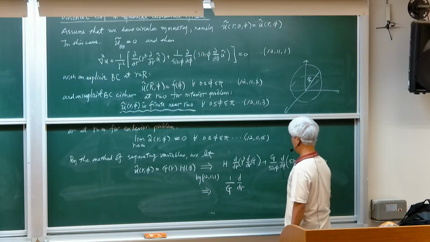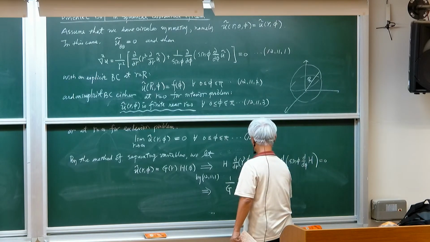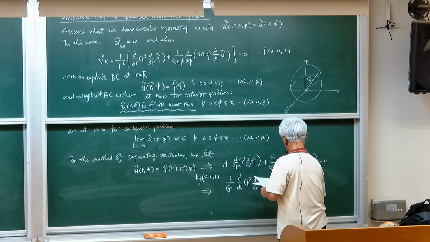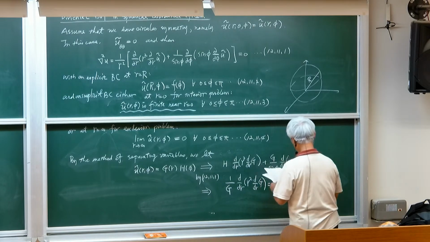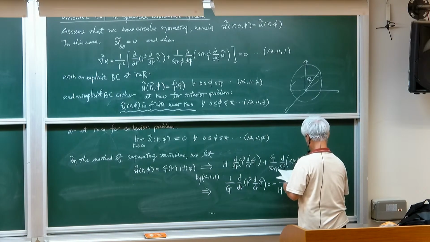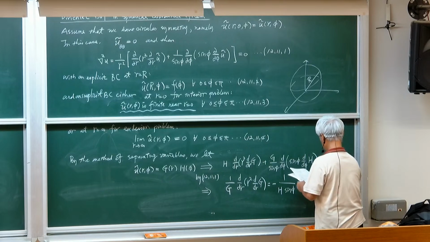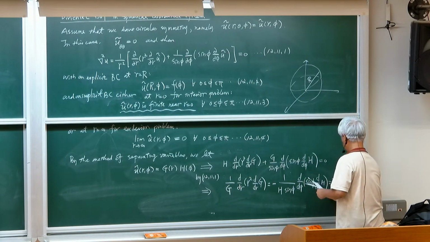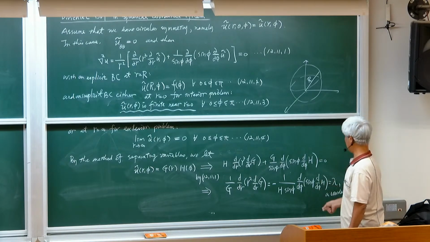And so this is R square d dr G, which is equal to minus 1 over H sine phi d d phi sine phi d d phi H, which is equal to lambda. Okay, so this is a constant.